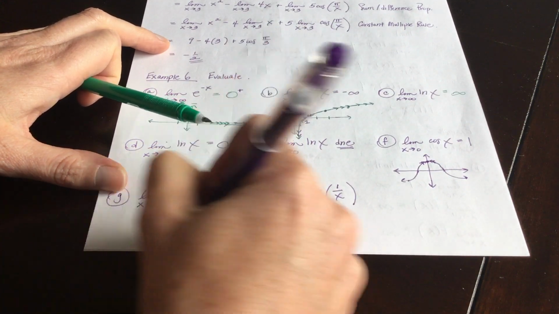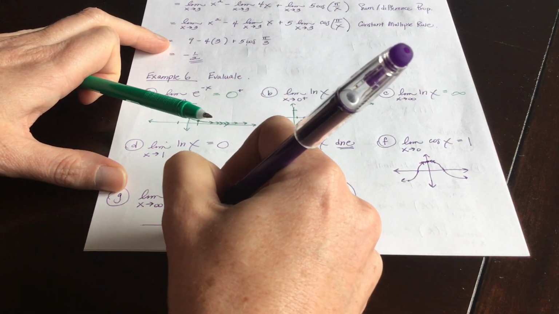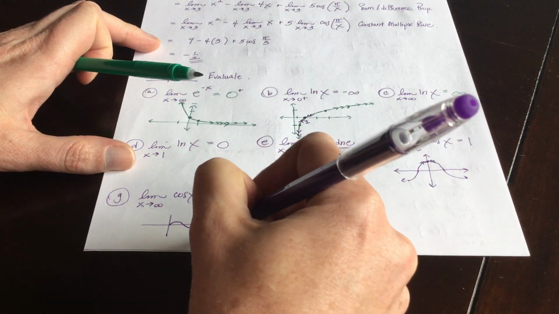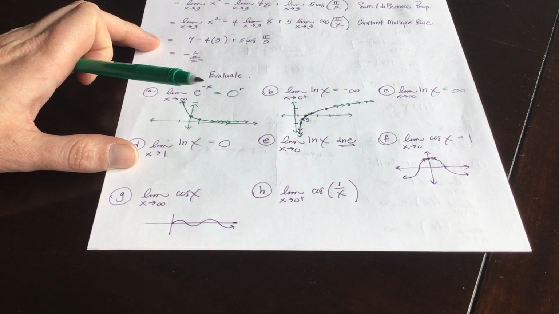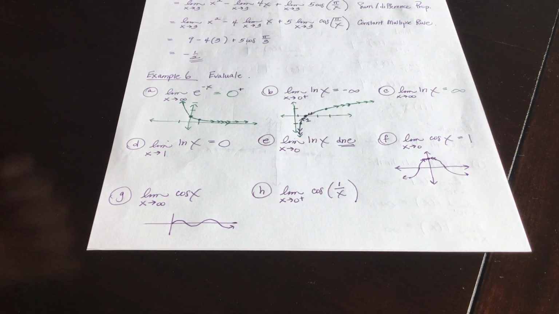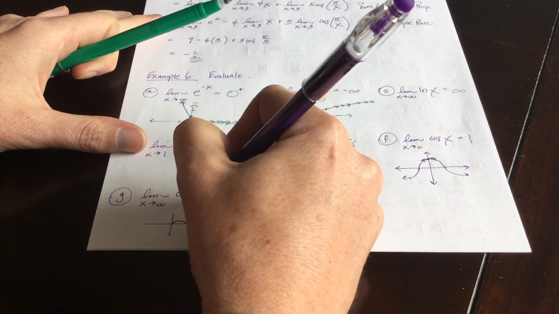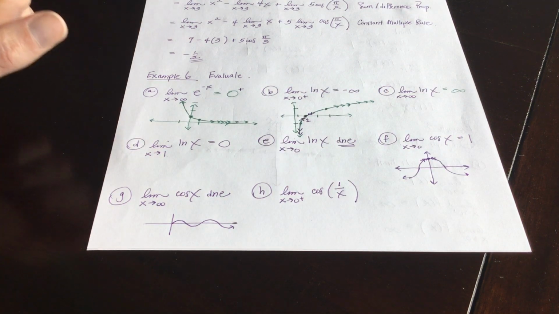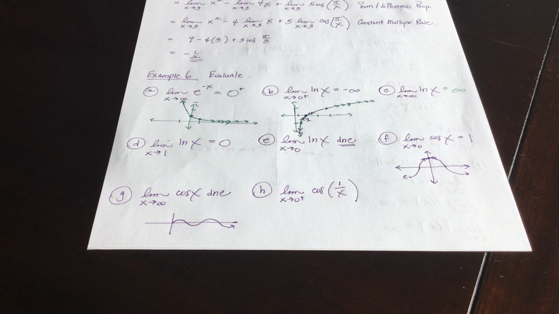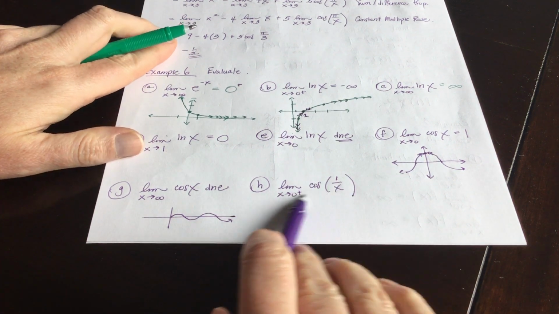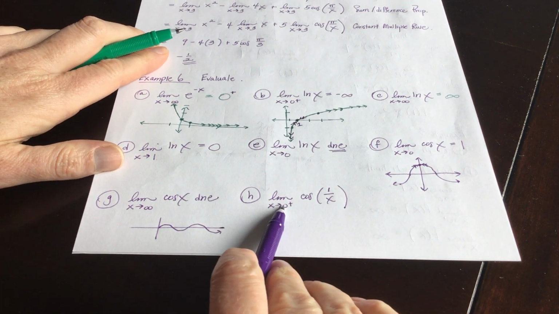Limit as x approaches 0 of cosine of 1 over x. So a quick sketch. You could see that cosine will just keep alternating between 1 and -1. There's no certain y value that it will attain and flatten out at. And so we would have to say does not exist here, because it doesn't become just a certain y value. And then this is kind of a throwback to earlier.